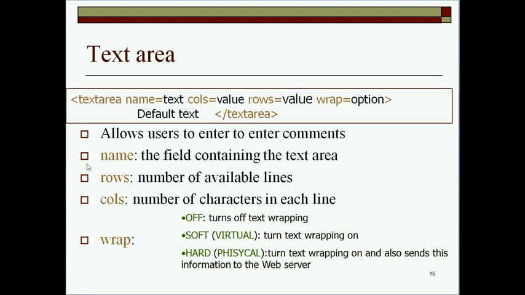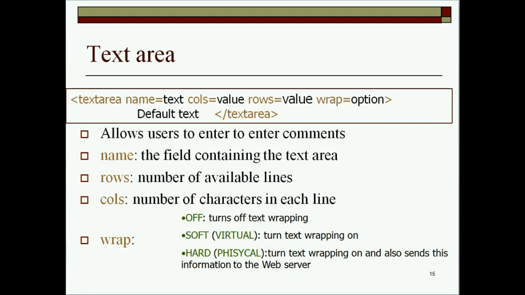So this element allows users to enter multiple lines of text as input. The name will be the identifier for this particular input. So imagine the name providing a variable whose value will be all that huge string that consists of all the data that is entered in that box.